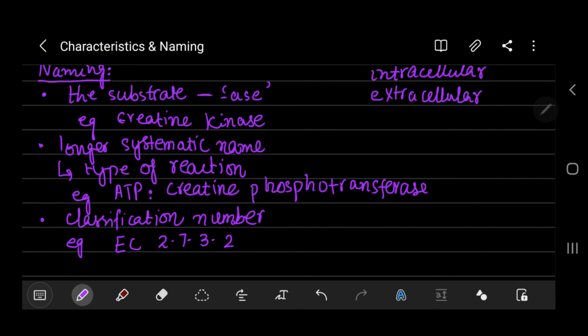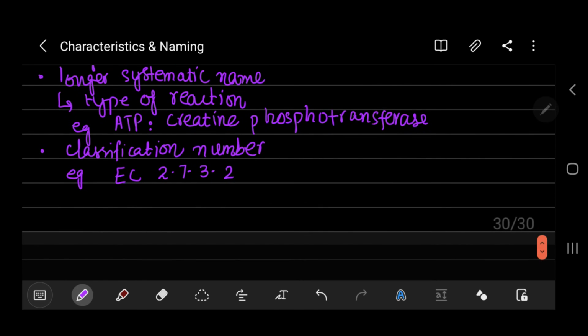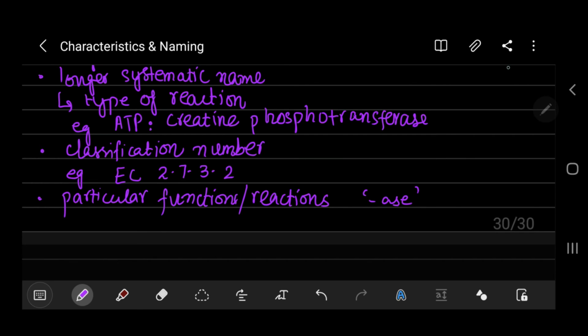We also name enzymes according to the specific type of reactions that they perform, or the particular function that they perform, and in this we also add ase in the end.